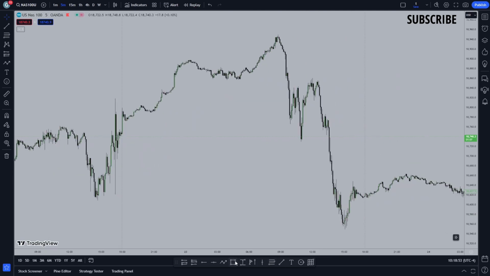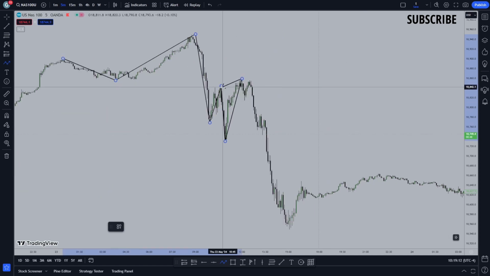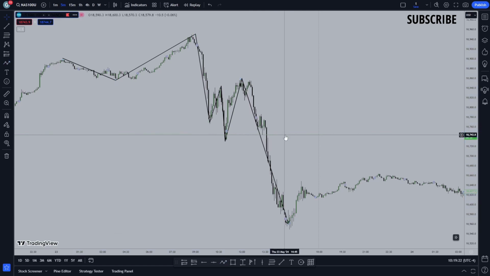So now price was creating this higher high, all of a sudden price fell down, and look at the time below, it created a lower high, lower low, and then it created a higher high, right? And now people will think that price will go up from this fair value gap or from this order block or this breaker block or whatever they say. But what happens after that? Price goes down and falls.